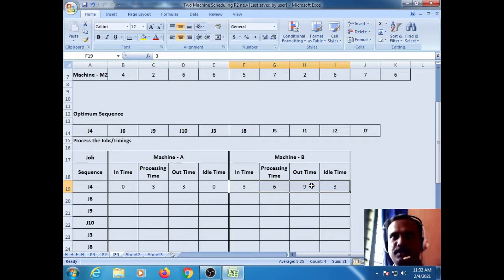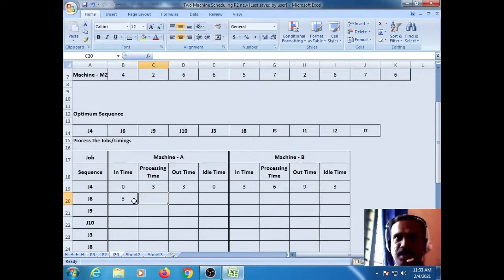Machine A doesn't need to wait for the 9th hour, because at the 3rd hour machine A will become free. At the 3rd hour we can start the next job. So that's why the same machine out time will become the in time here.